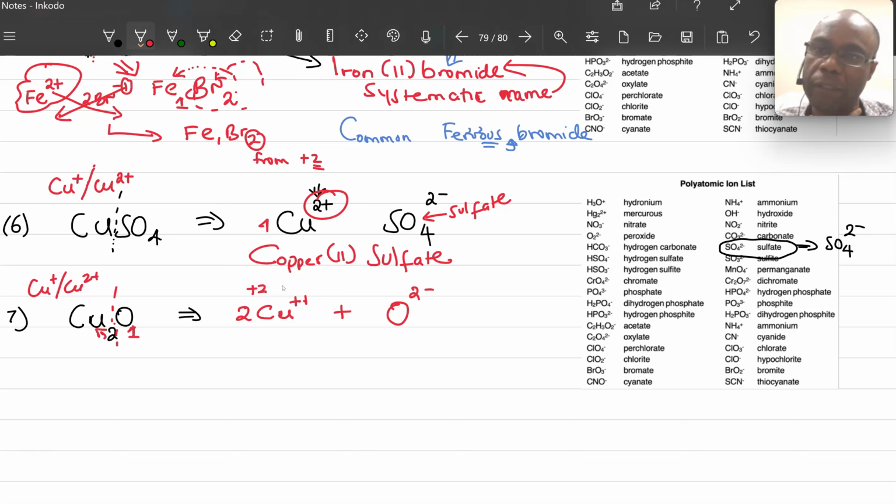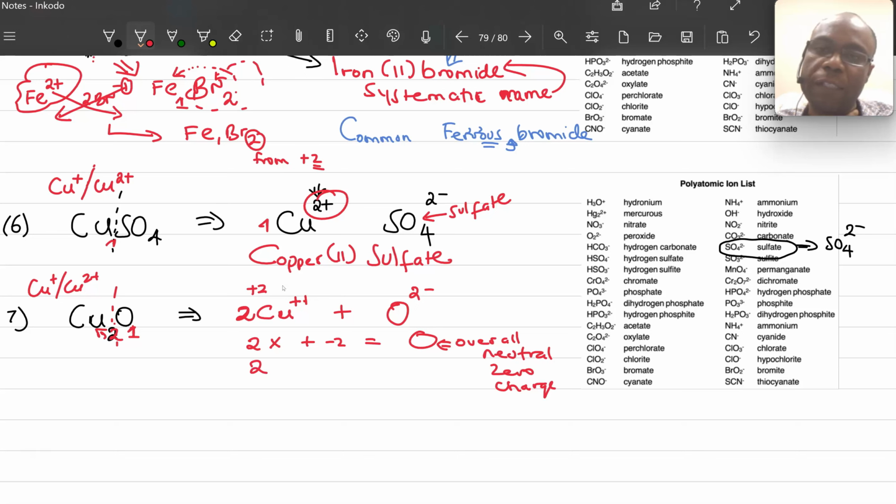Here you only had 1 copper, but here it says 2. So we have to factor in that we have 2 of them multiplied by a given charge to neutralize the 2 minus. So in other words, you can say 2x plus minus 2 must be equal to 0, because the ionic compound must have an overall neutral or 0 charge.